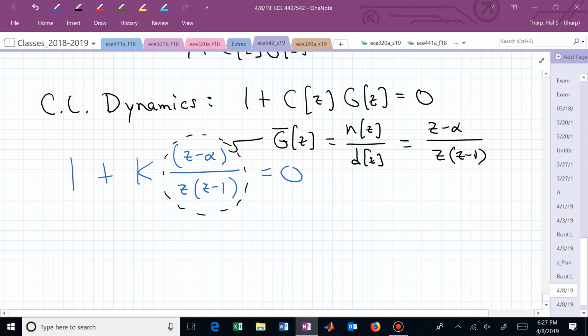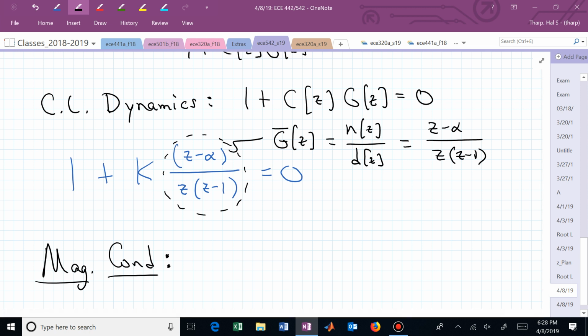What does the magnitude condition give us? Eventually we're going to try to sketch the root locus of this, aren't we? But before we do that, maybe somebody wants a formula for K, and they want to just play with K. The magnitude condition says the magnitude of K, G bar of Z is equal to 1. Just solving that equation.